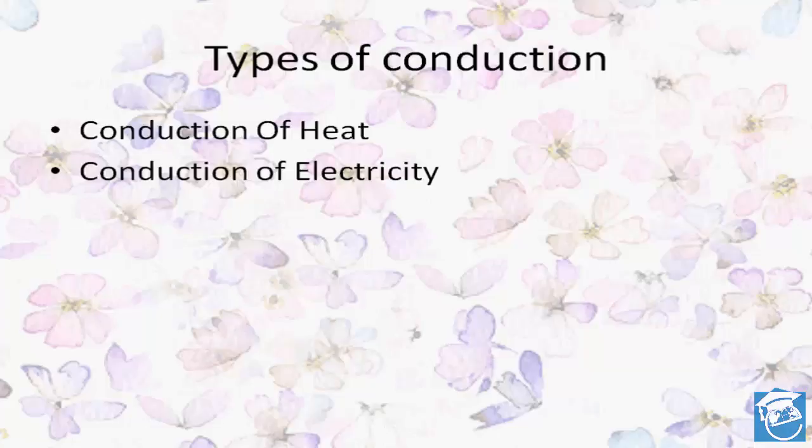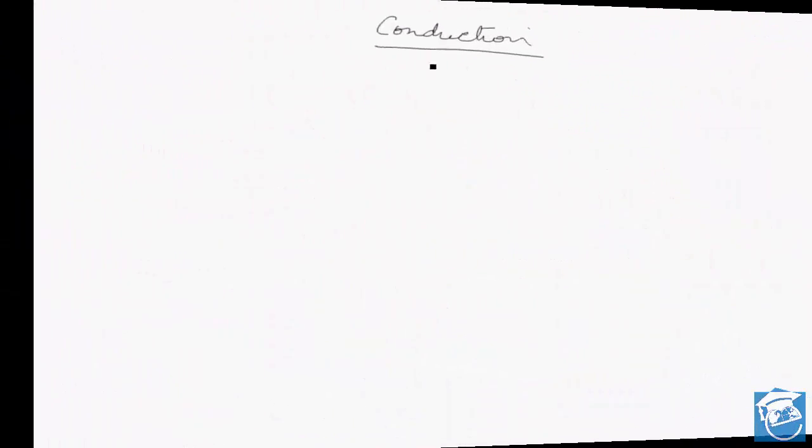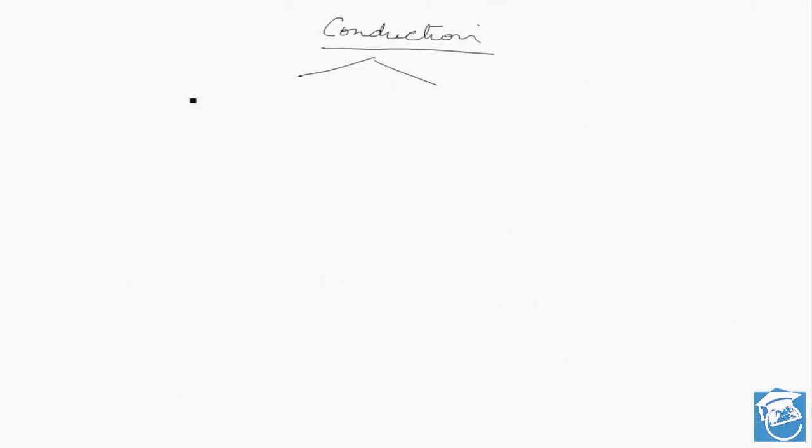So let's understand these types of conduction. We have two types of conduction, conduction of heat and conduction of electricity. Let's now understand the property of conduction with respect to the elements. We know that we have two types of conduction, thermal, which we also call heat, and electrical conductivity, that is electricity.